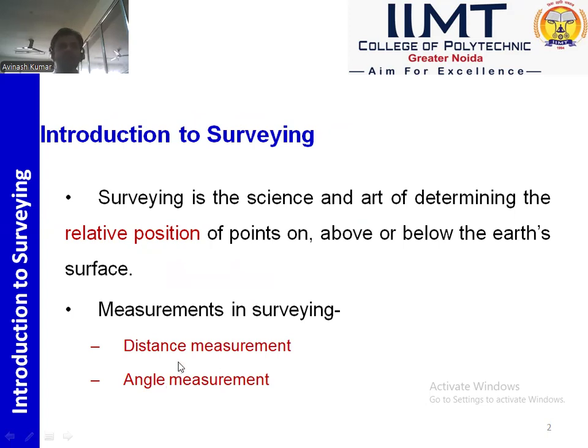In distance measurement, there are two types of distance, horizontal distance and vertical distance. Same as in angle measurement, horizontal angle and vertical angle. I will tell about the importance of horizontal and vertical, and what the applications of horizontal as well as vertical are, in later slides.